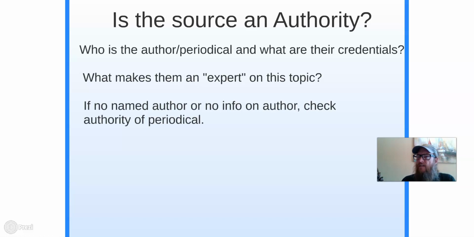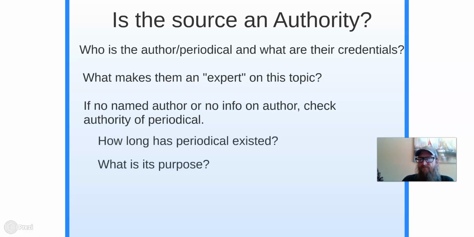If you haven't looked at that database yet, there's a page down the road that'll help you look at it. Anyhow, if there's no named author, you can check out the periodical itself. For example, if you found an op-ed by the New York Times editorial board, well, then it's an editorial, not an op-ed, right? But if you have found an editorial by them, there won't be a named author.